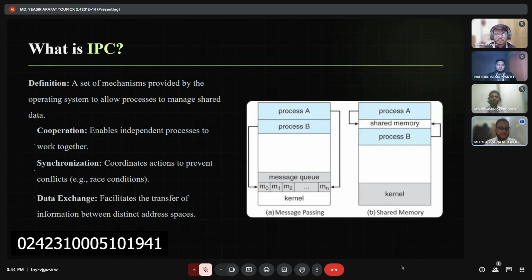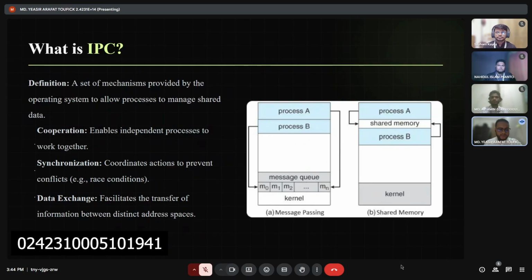So at first, we have to know what IPC is. By definition, it is a set of mechanisms provided by the operating system that allows processes to manage shared data. There are three components: cooperation, synchronization, and data exchange.